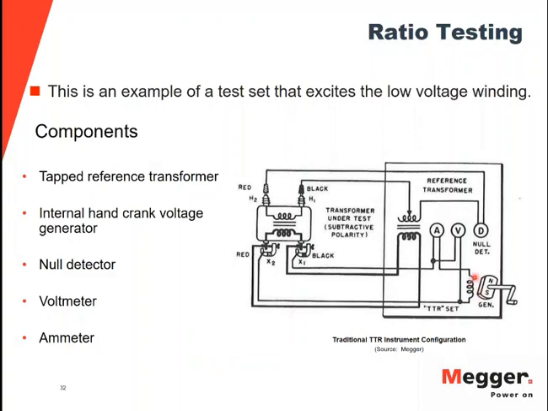As you can see, this voltage that is being generated gets applied to the secondary side of the reference transformer and the secondary side of the transformer under test. And then using a null detection technique, which is connected on the primary side of both of those transformers, you try to find the null, and when there is no flow of current, then the turns ratio of the reference transformer would be equal to the turns ratio of the transformer under test.